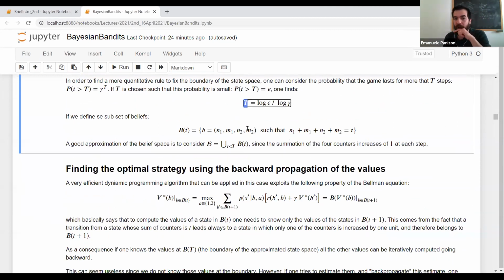Okay, so we just define the subset of beliefs defined by these integers such that the sum of the integers arrives at t. Why is this? Again, because at any step you can change all four of the integer numbers, but only by one.